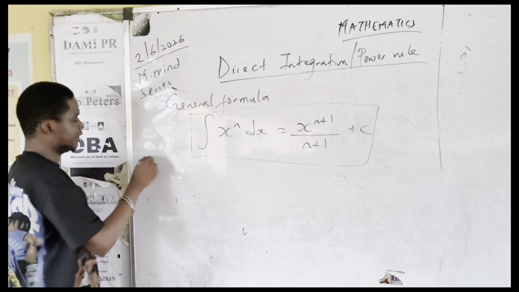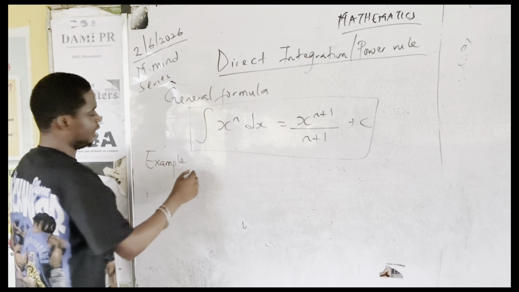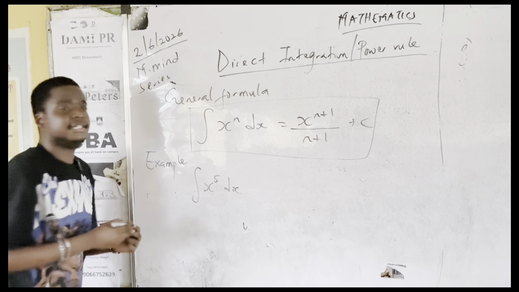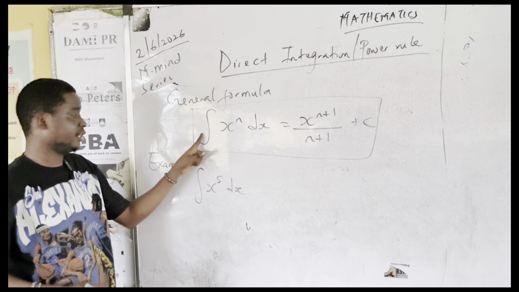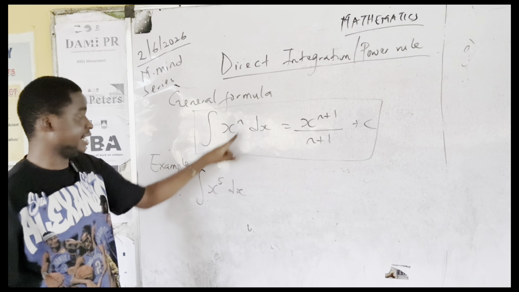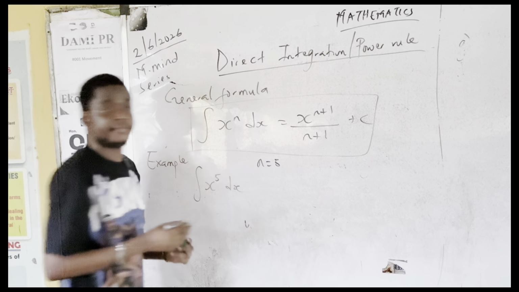Let's take an example. If we have the integral of x raised to the power 5 dx, the first thing to do is to compare it. This is the integration, this is dx. x here is x, and n here is 5.